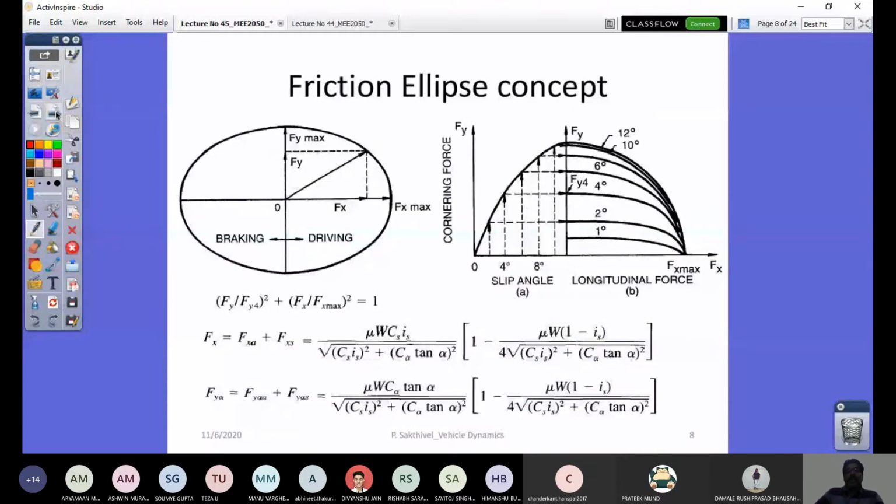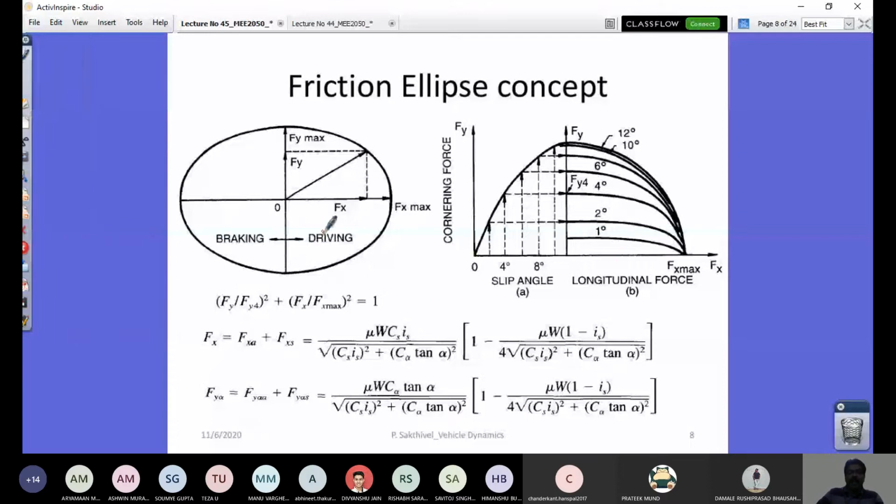In this friction ellipse concept, you see that I have my driving force, that is Fx, and Fy. The ellipse has a major axis from O to this point as the maximum value of tractive effort possible. That means in the absence of Fy, what is the maximum tractive force? In the absence of driving or braking, what is the maximum possible?